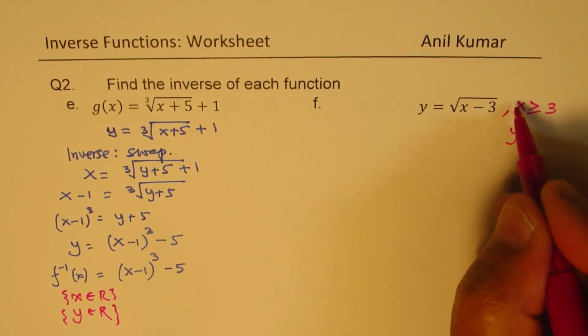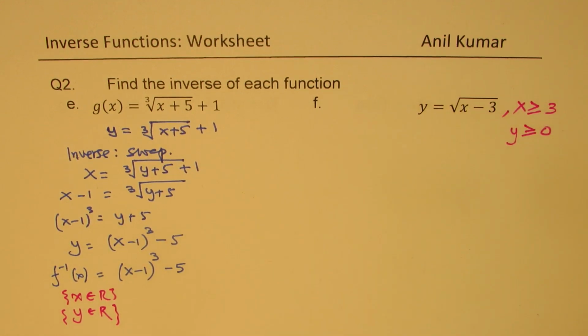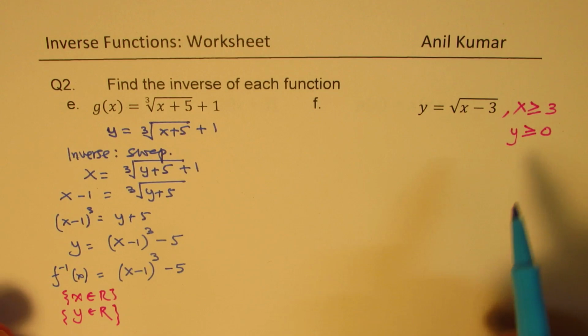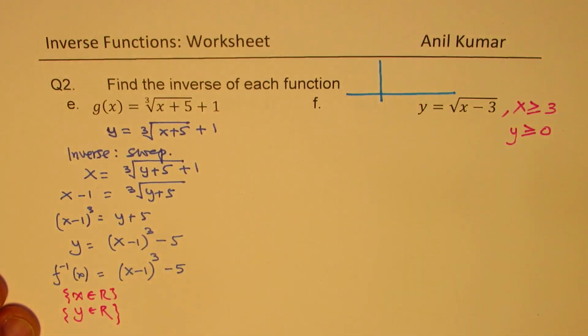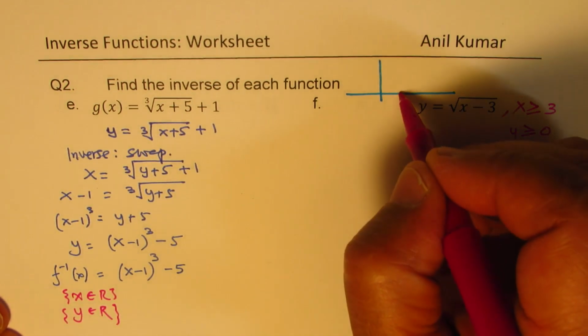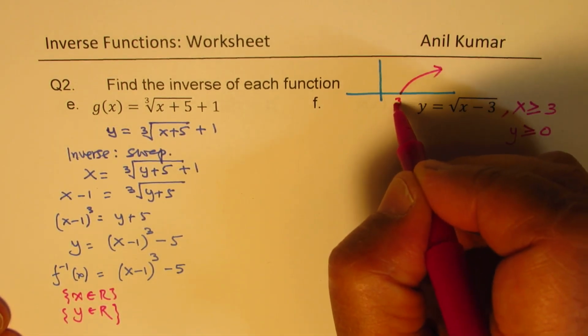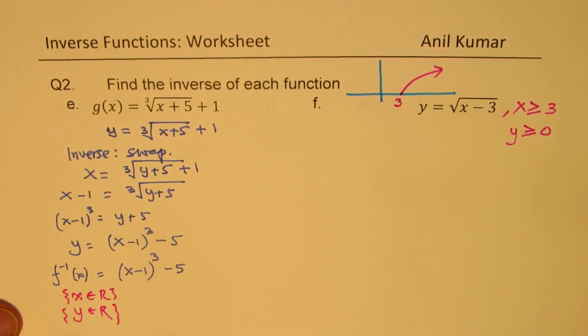And we know y is greater than or equal to 0 for the given function, square root of x minus 3, correct? So if you sketch this particular function, what do you get? You get a square root function which has moved 3 units to the right. Correct? If I substitute 3 here, 3 minus 3 is 0. Perfect. So that is the domain and range.